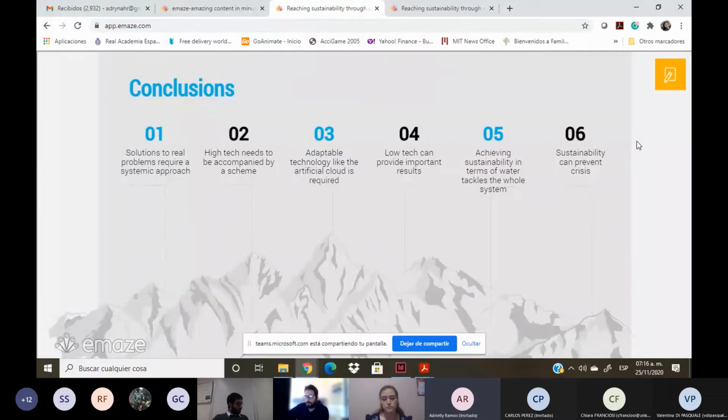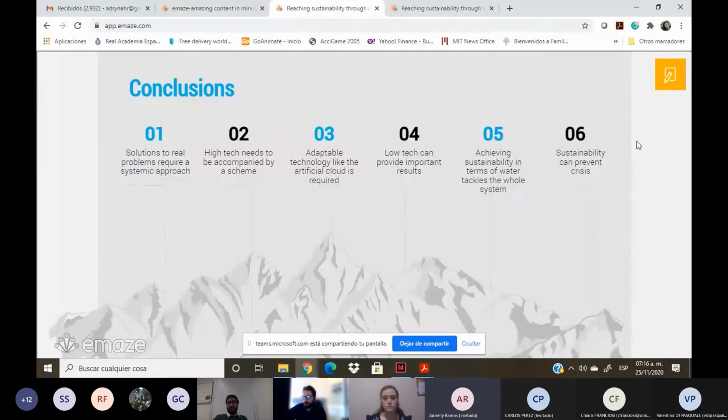Also, adaptable technology like the artificial cloud is required, so it can be implemented without stopping production and without changing infrastructure. Low tech also can provide important results. We don't always need high tech. We can also adapt to the circumstances of the company.